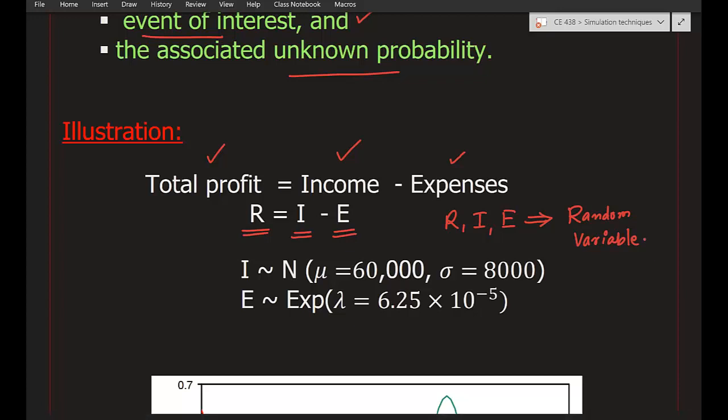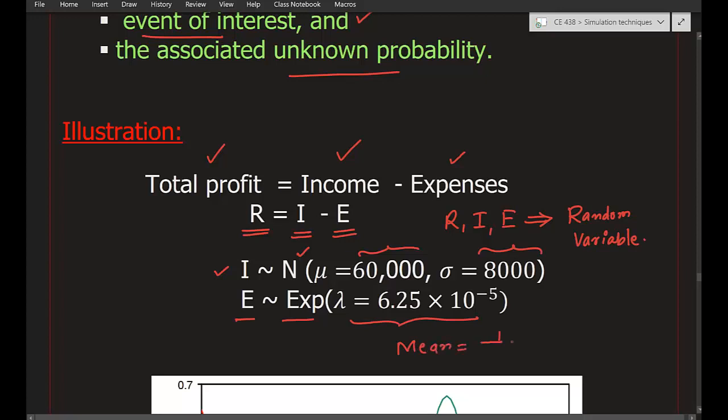So let's say income is described by a normal distribution with a mean of 60,000 and a standard deviation of 8,000. Similarly, expenses is described by an exponential distribution with parameter lambda given as 6.25 times 10 to the power minus 5. If you remember, in case of exponential distribution, the mean is given as 1 by lambda. So lambda is the parameter for the exponential distribution.